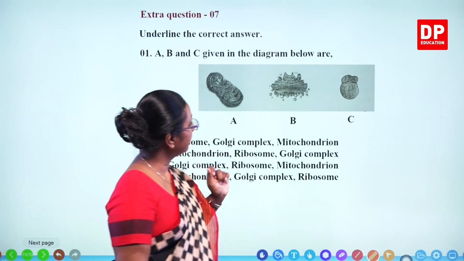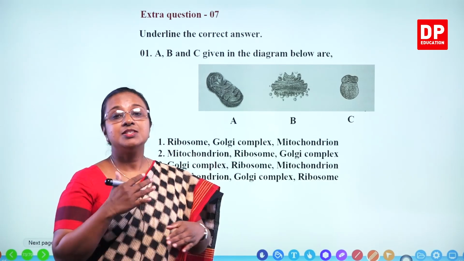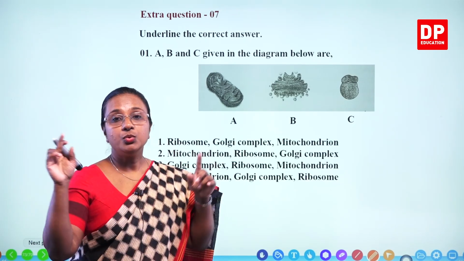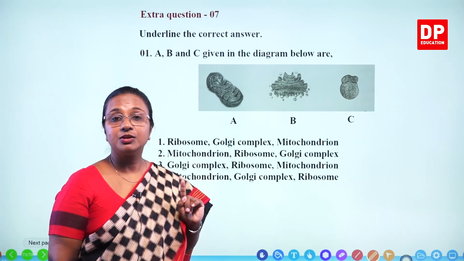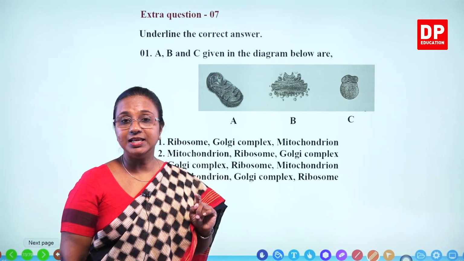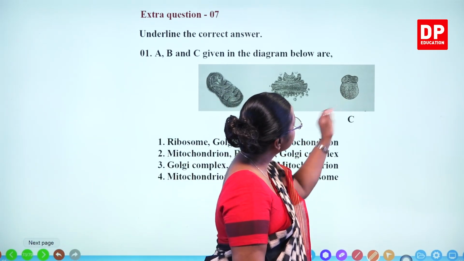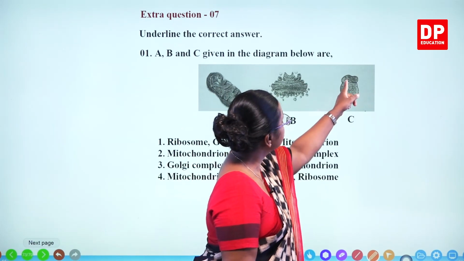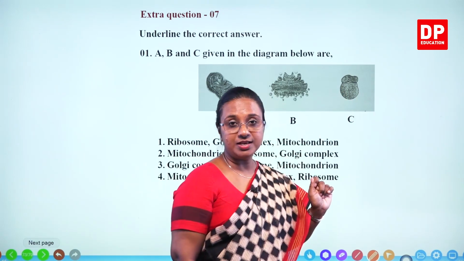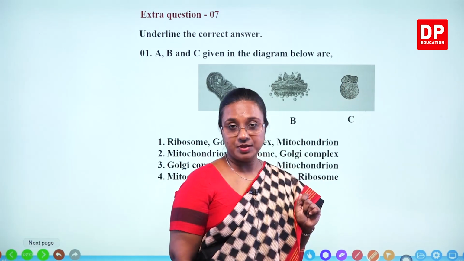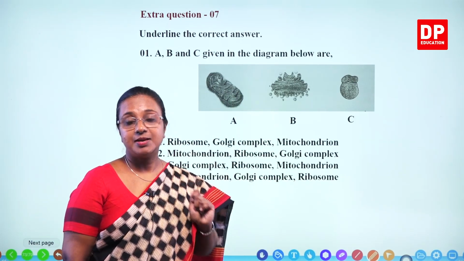Look at structure B. What is that? Membrane-bound sacs stacked one on top of the other with the vesicles around it. So that is the Golgi body or the Golgi complex. And C, can you identify C? It has two bodies, a large subunit and a small subunit. So what is that? That is a ribosome.